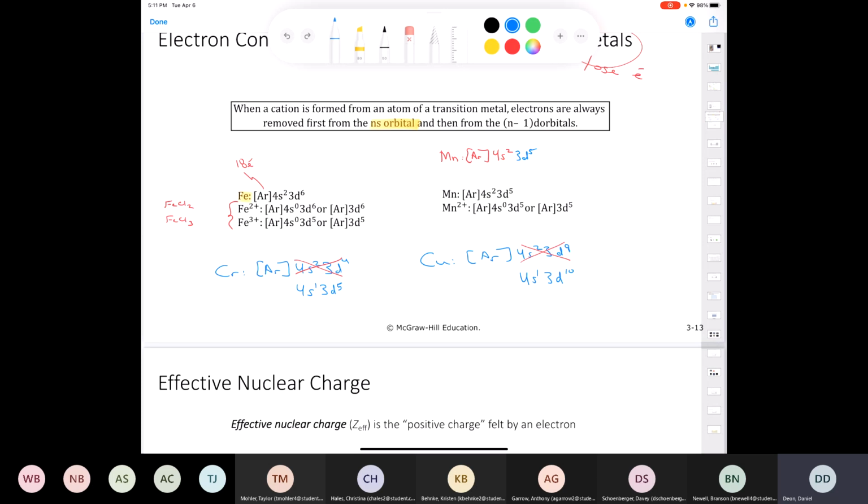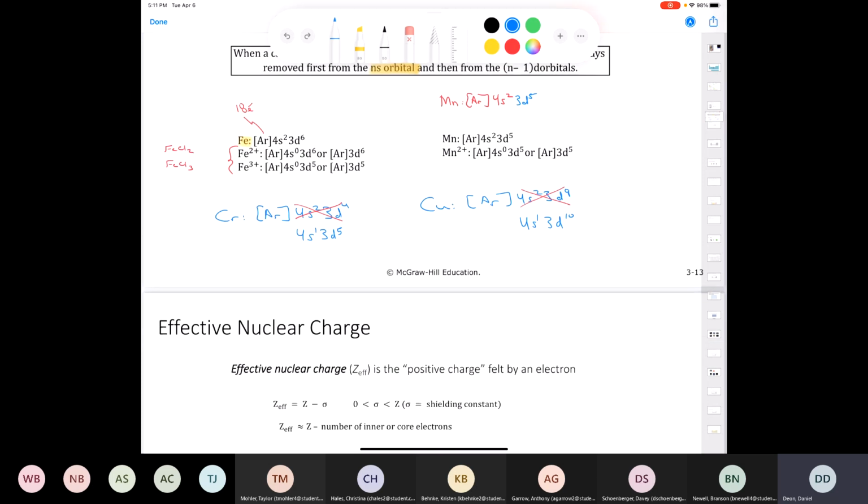Something that's kind of funny is if you look at the periodic table and you go down the group that has chromium in it and down the group that has copper in it, you see the same rule applies for molybdenum, which is just below chromium. You see the same rule applies for silver, which is just below copper. You also see that the same rule applies for gold.